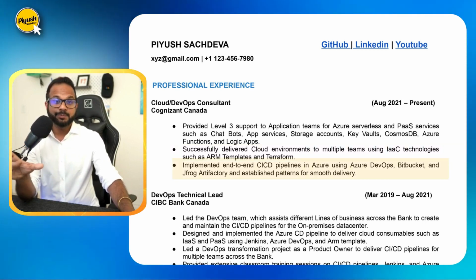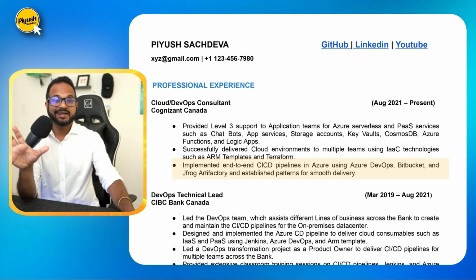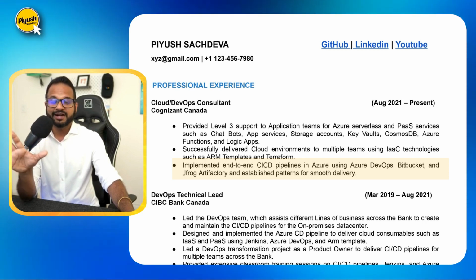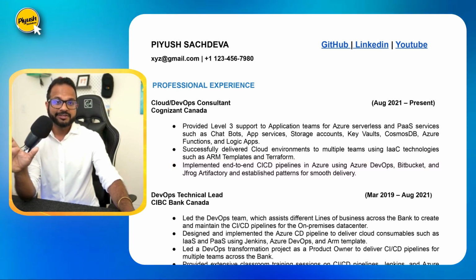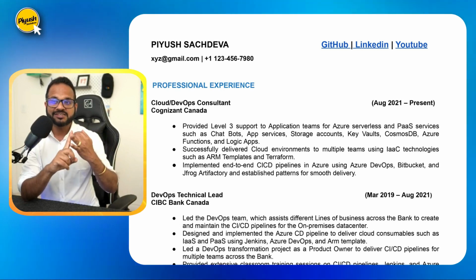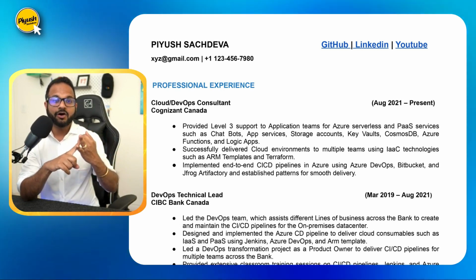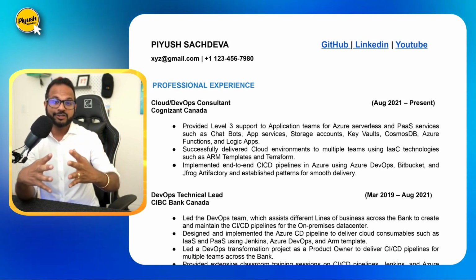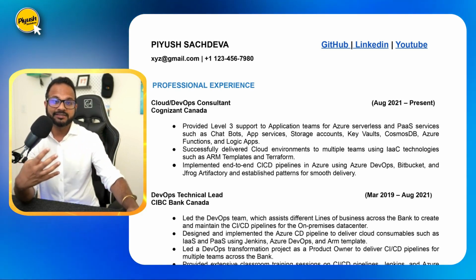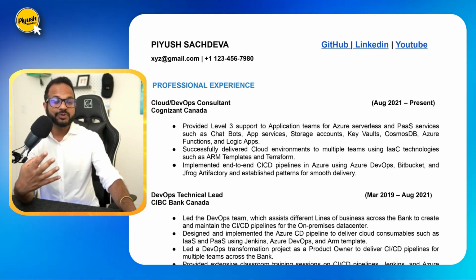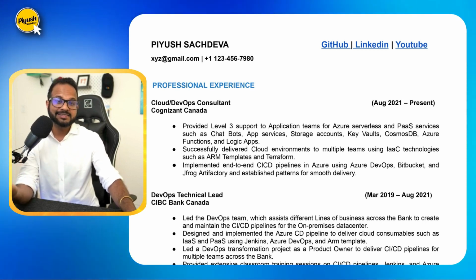And in the third point, I have specifically highlighted that I have created end-to-end pipelines in Azure DevOps, Bitbucket, JFrog Artifactory, and so on. So CI/CD, infrastructure as code and the cloud support. So I have highlighted all the points of my job responsibilities in just 3 points. The idea is to exclude the irrelevant details or the details that are redundant in your resume.